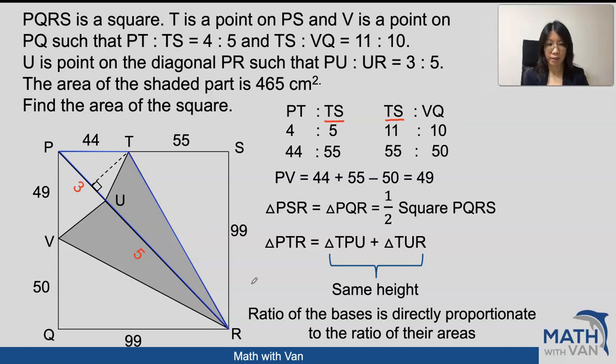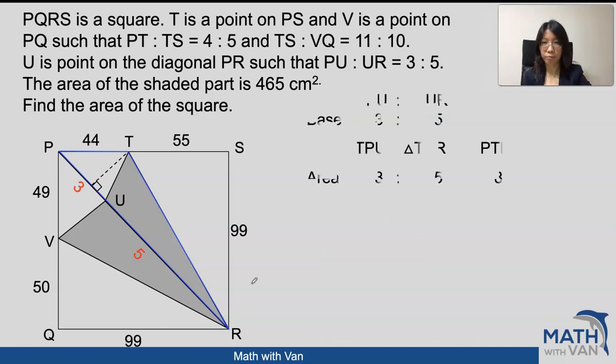So what is the base? PU to UR is 3 to 5. So we can conclude, because they have the same height, that the area of TPU, whose base is PU, is 3, and TUR, whose base is UR, is 5.